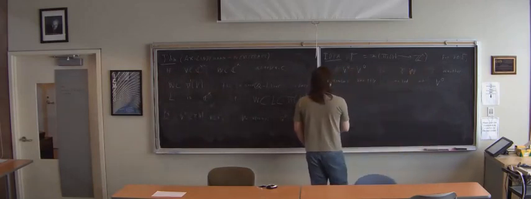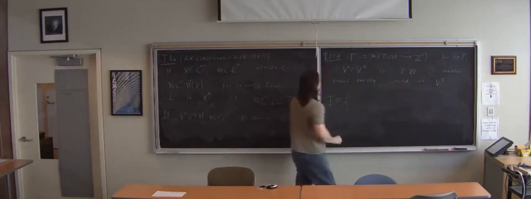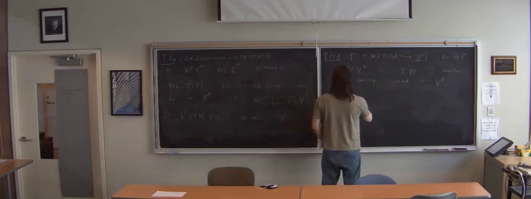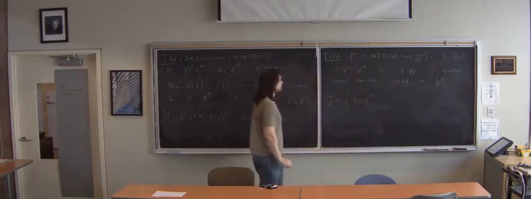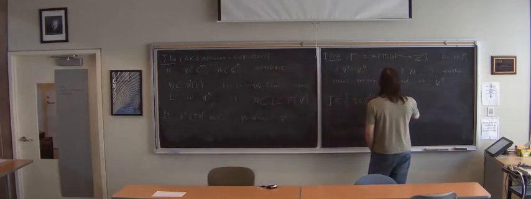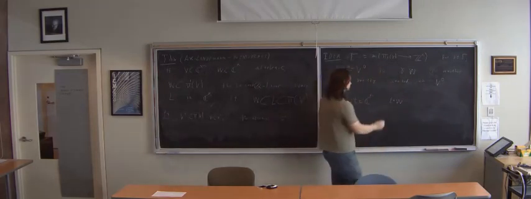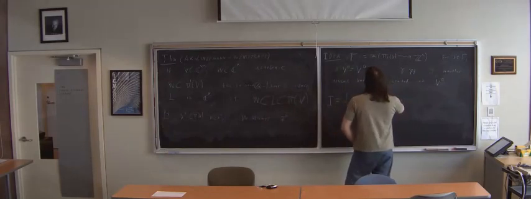So the idea is to use this fact and do it by defining the following clever set. So you look at all t in C to the n such that t plus W, well, t acting on W, well, maybe for simplicity I should write plus.